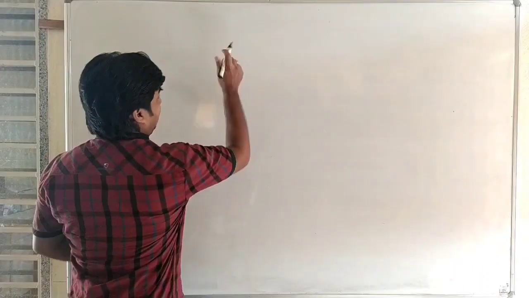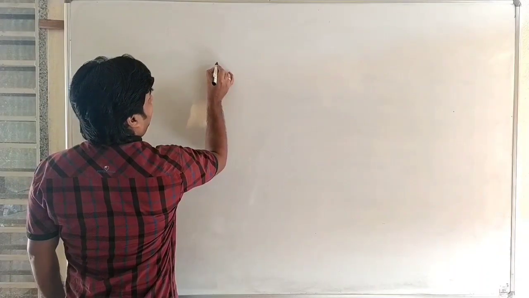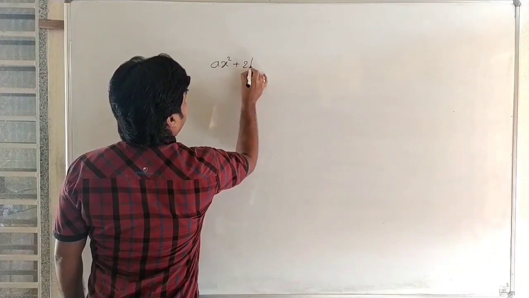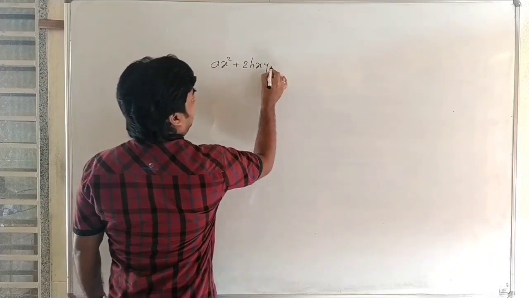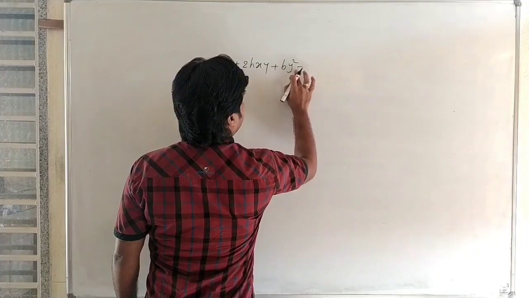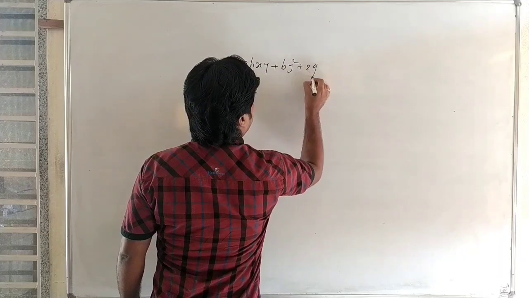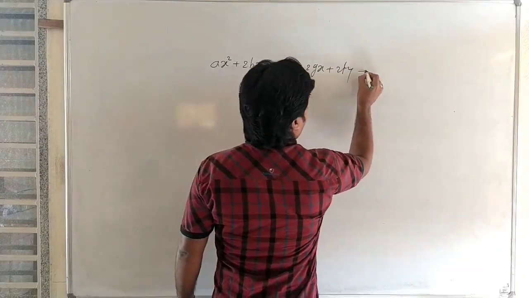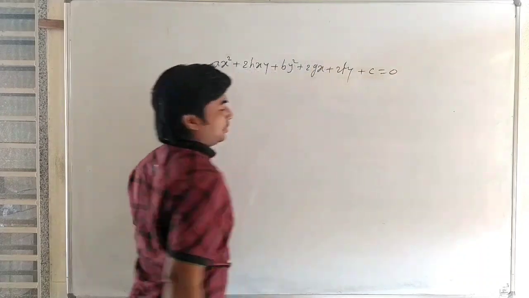Now you see here an equation in the form of ax square plus 2hxy plus by square plus 2gx plus 2fy plus c is equal to 0.